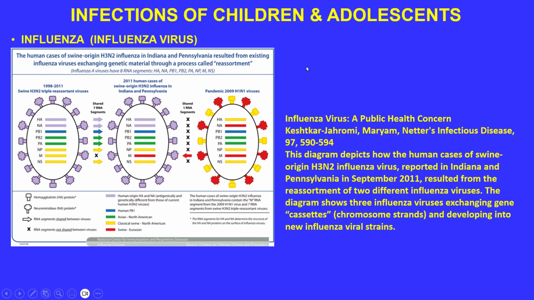So what happened is this was reported in Indiana and Pennsylvania in September of 2011. It resulted from a reassortment of two different influenza viruses. The diagram shows three influenza viruses exchanging cassettes, that is, chromosome strands, and developing a new influenza strand.